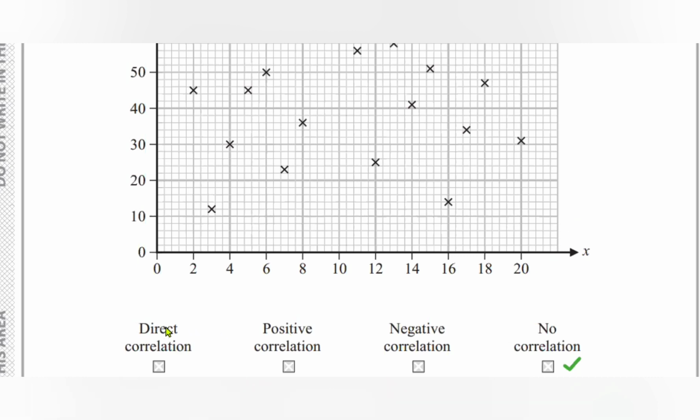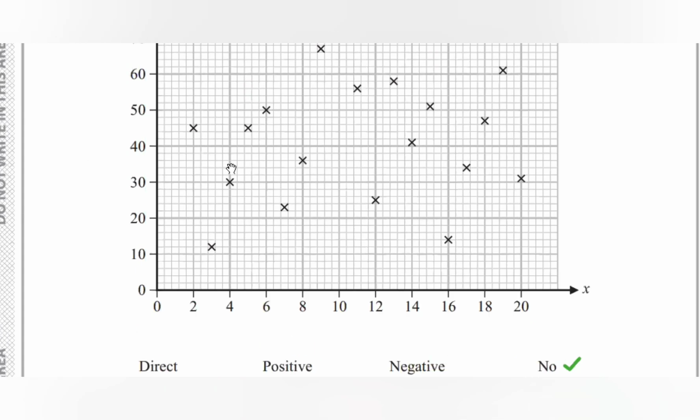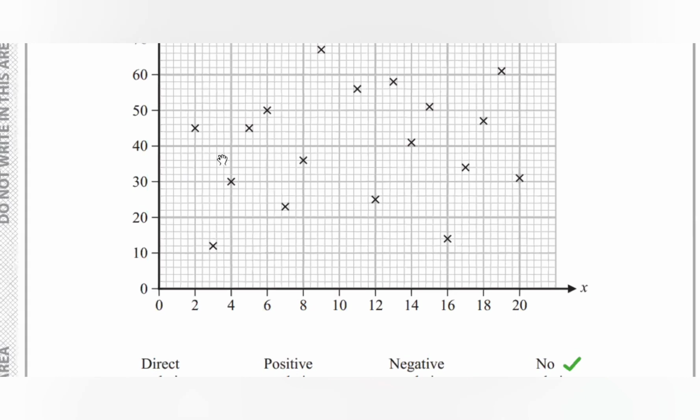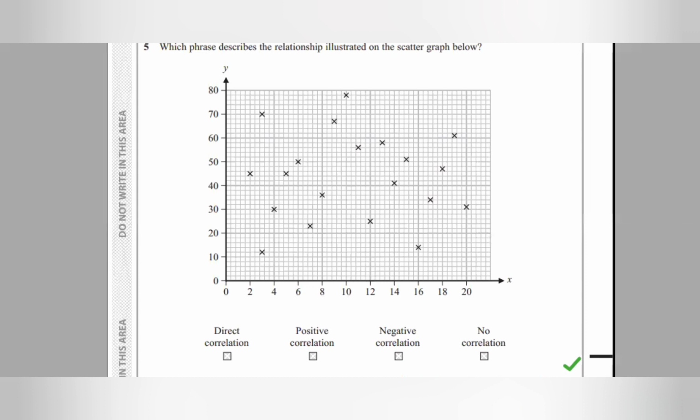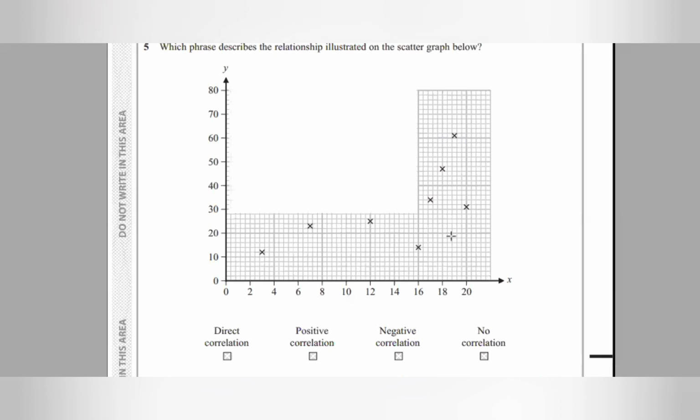So what's the meaning of positive correlation and what's the meaning of negative correlation? The meaning of positive and negative is important, so let me explain it here. Let's say that you have the scatter graph like this.